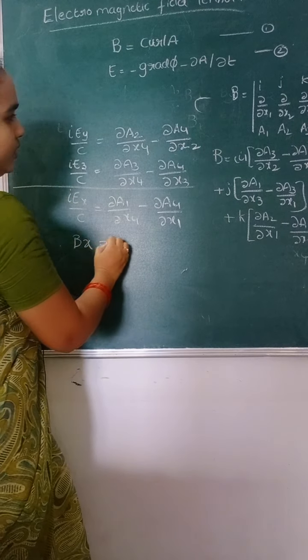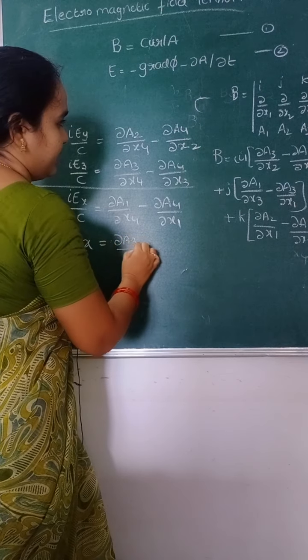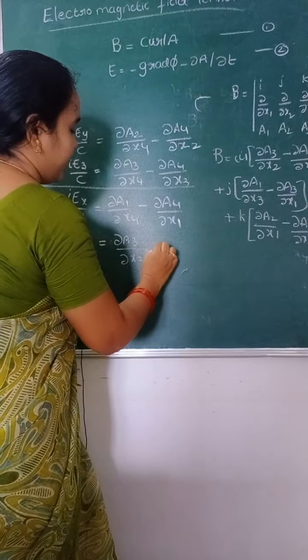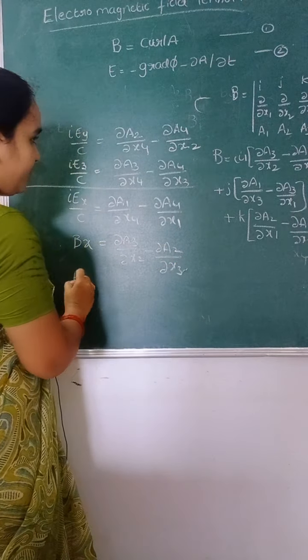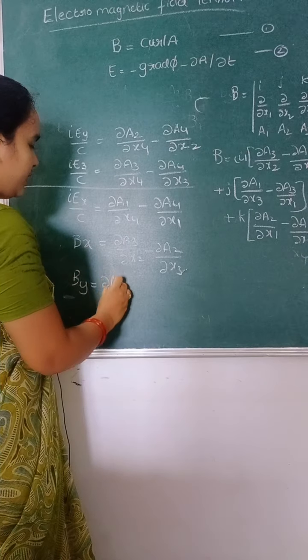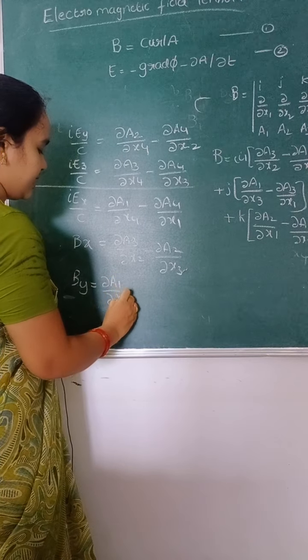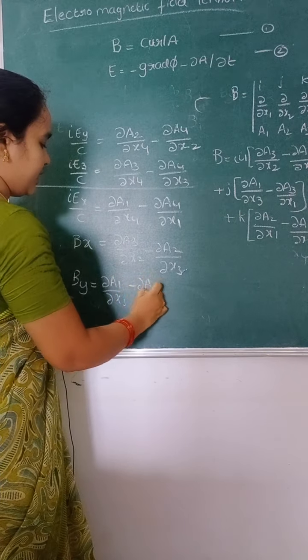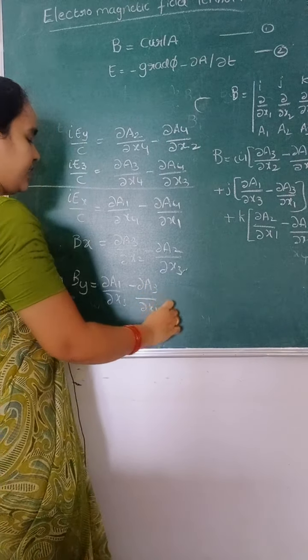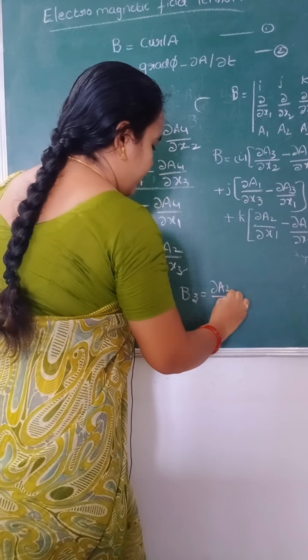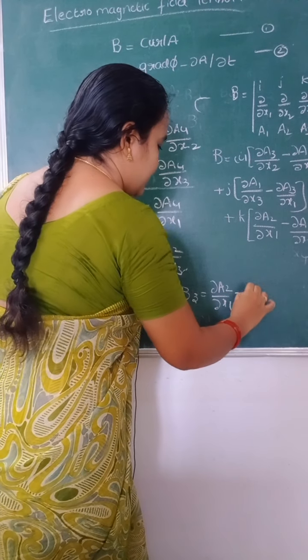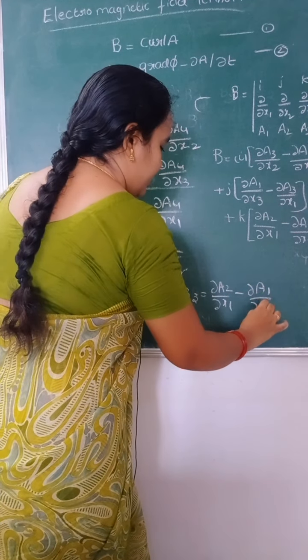Bx is equal to ∂a3/∂x2 minus ∂a2/∂x3, and by is equal to ∂a1/∂x3 minus ∂a3/∂x1, and bz is equal to ∂a2/∂x1 minus ∂a1/∂x2.